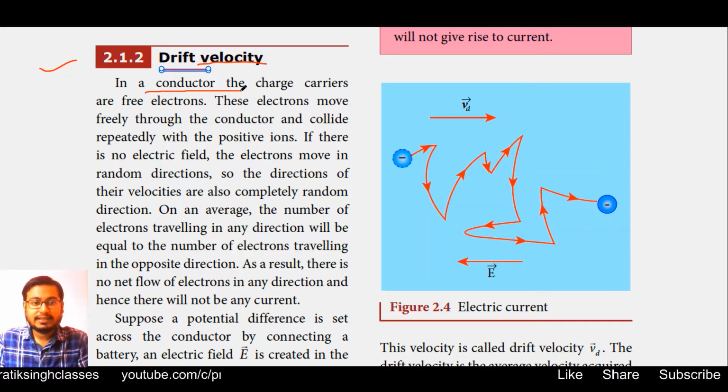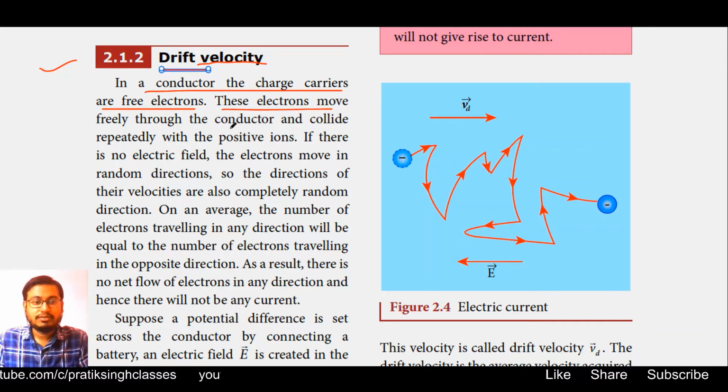In a conductor, the charge carriers are free electrons. Free electrons are available in the conductor in very huge amount, because the outermost orbital electrons are loosely attached to the nucleus. We have seen this in the first video of the second unit.